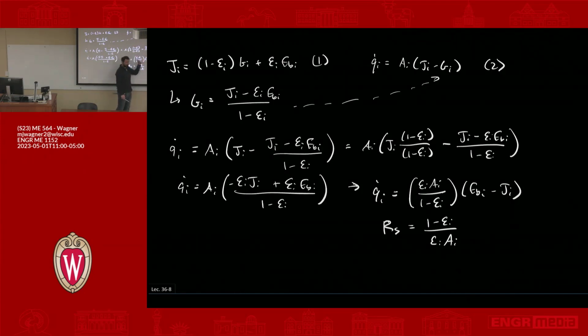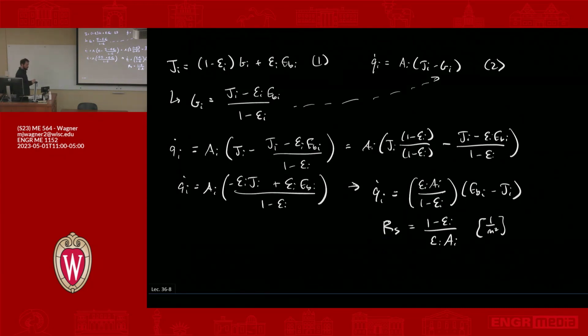The temperature corresponds to the actual measured temperature of your surface, sigma T to the fourth. That's my black body emissive power. Then there's an impedance that prevents me from getting all of that black body power out into the radiosity. That's what this resistance is telling you. The units are 1 over meters squared.